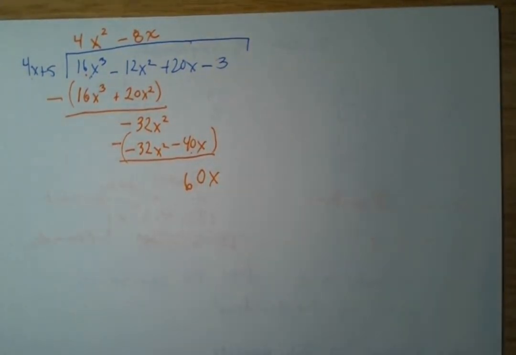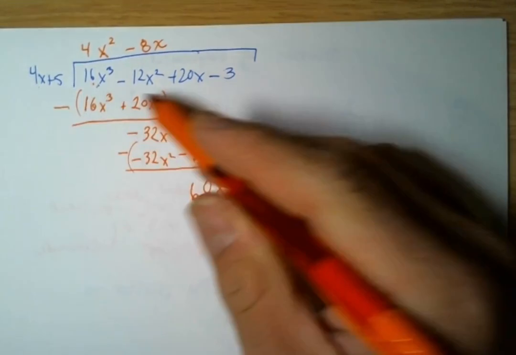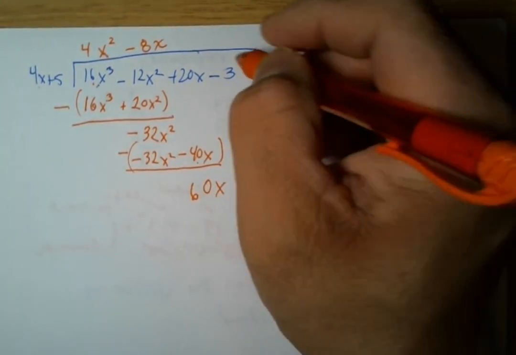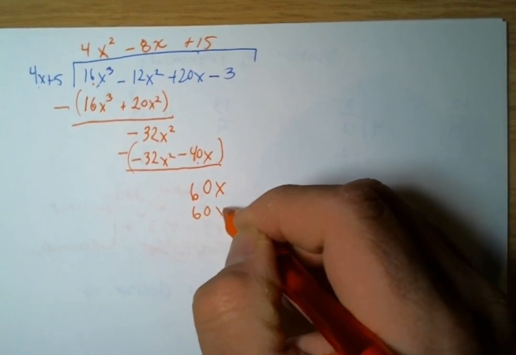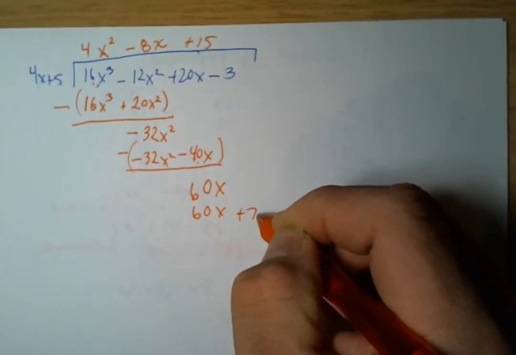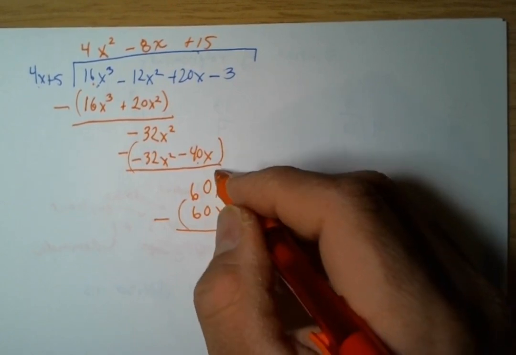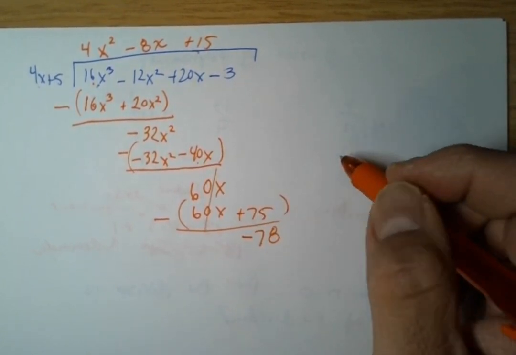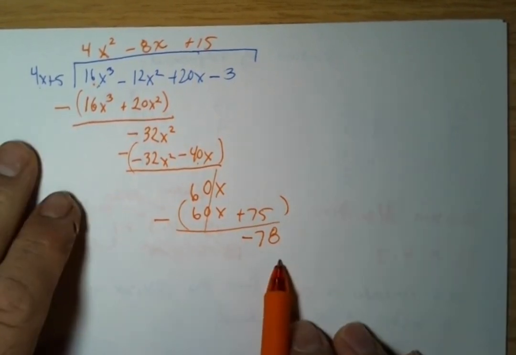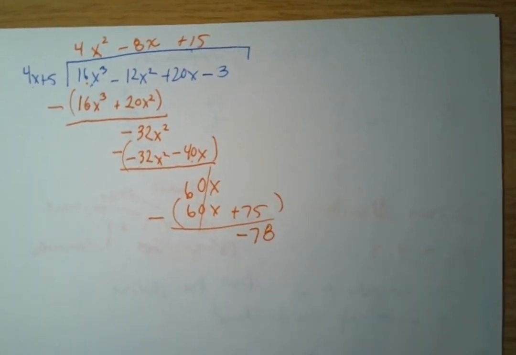All right. Okay, and then lastly, matching up here, we can do this one more time. We have a factor of x here, just match up the coefficient. Positive 15, we get 60x plus 75. We subtract, goes to 0, negative 78. All right, and now we can stop here. There's no more factors of x, so we are done here.